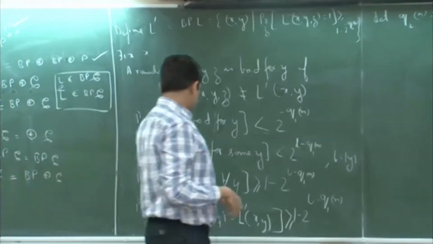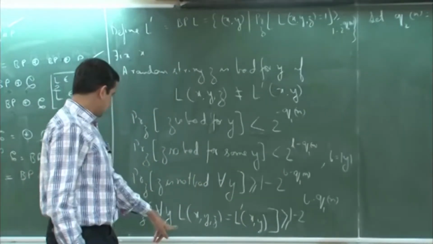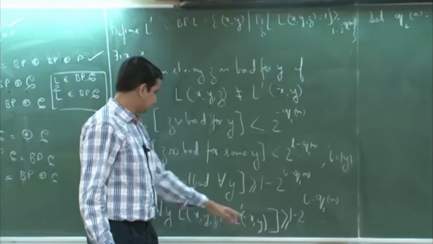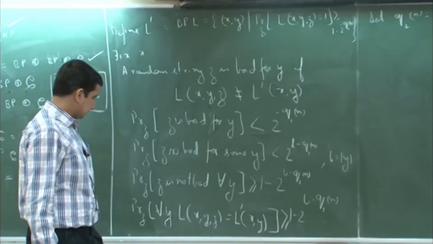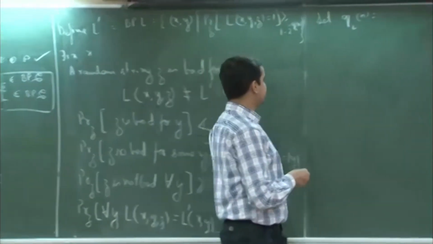Correct, yeah. So the probability over a random string z that for all y's these two predicates give the same answer is so much.